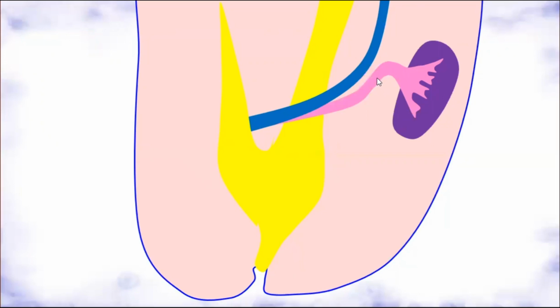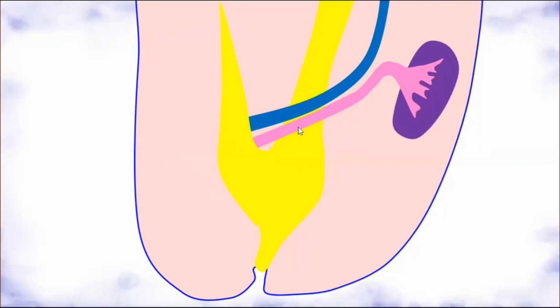Here we can see that the ureter is separated from the mesonephric duct, and it achieves the final position. And the mesonephric duct remains, and in the male organism it will form the ductus deferens. In female it will disappear.